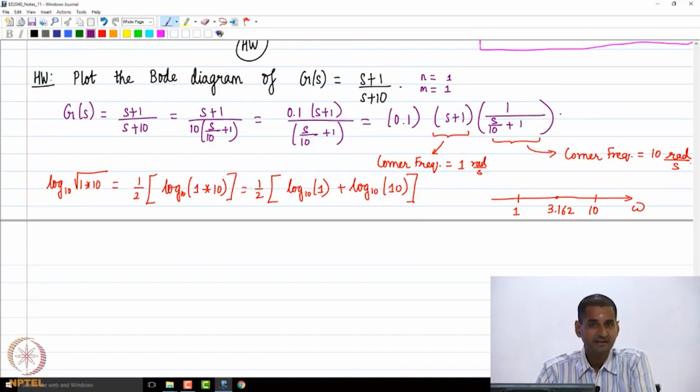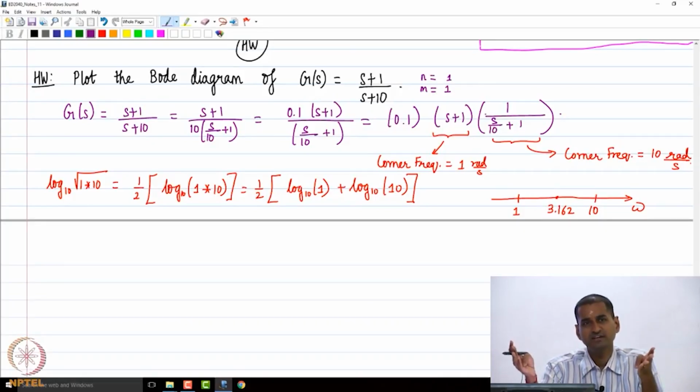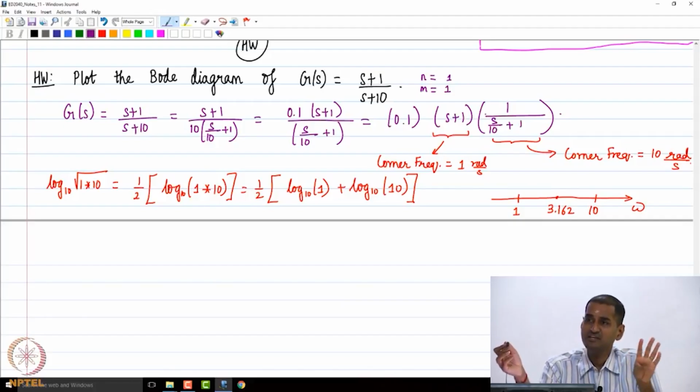It is, right? By the way, I think I should highlight this point. There are two ways in which people look at a minimum phase transfer function, or minimum phase systems. Some people associate it only with zeros, because they implicitly assume a stable system to begin with.